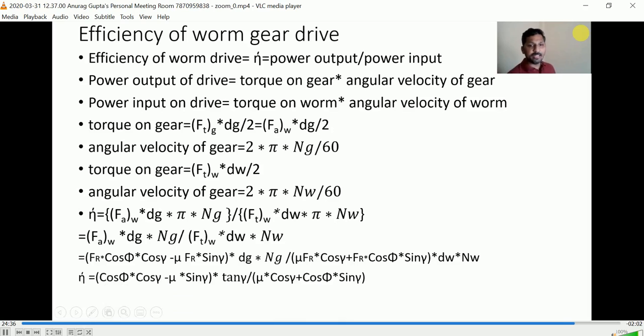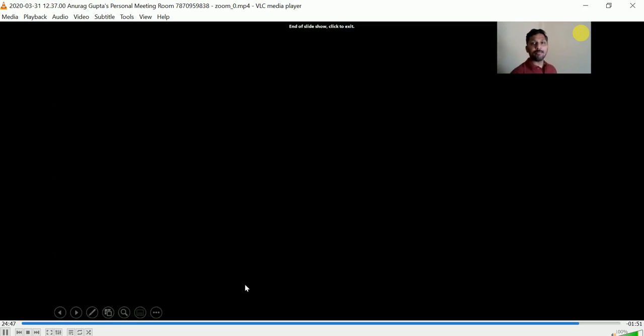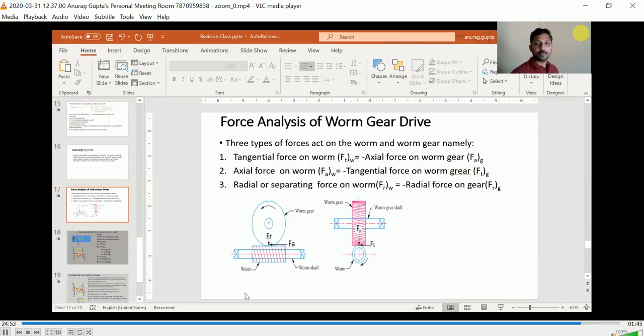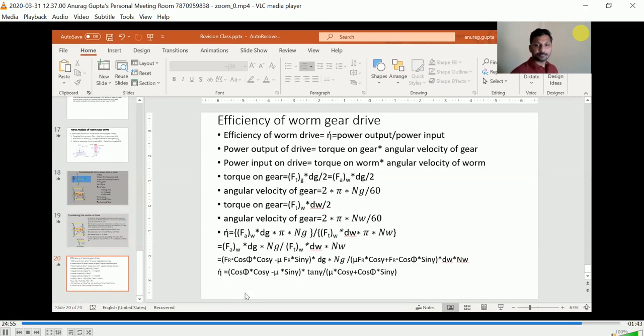Now when we simplify this, DG into NG divided by DW into NW can be written as tan gamma. How can it be written so? We convert DG into m into Zg, where m is the module and Zg is the number of teeth on the gear.